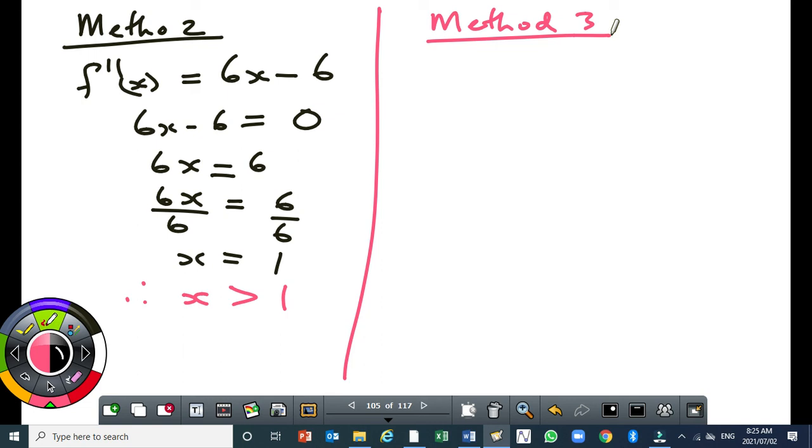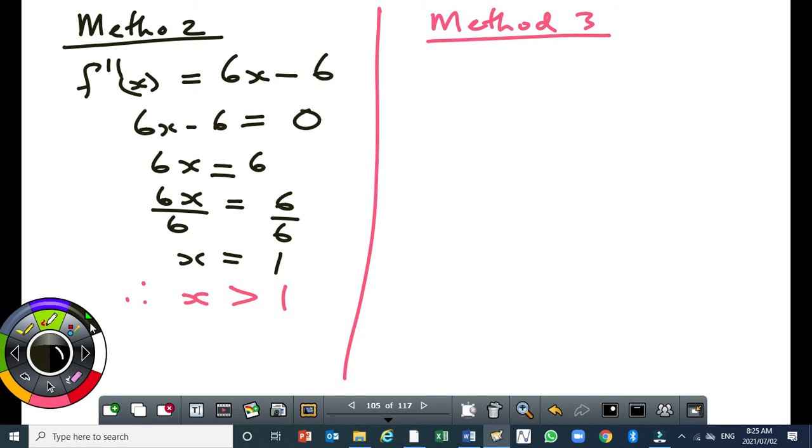All right, do yourself a favor, listen and pay attention whilst I talk about method 3, so that in the near future, if you see a question on concave up and concave down and you don't get it right, you have no one to blame. Okay, so here, there's this third method. We need to find the value of x at the point of inflection.